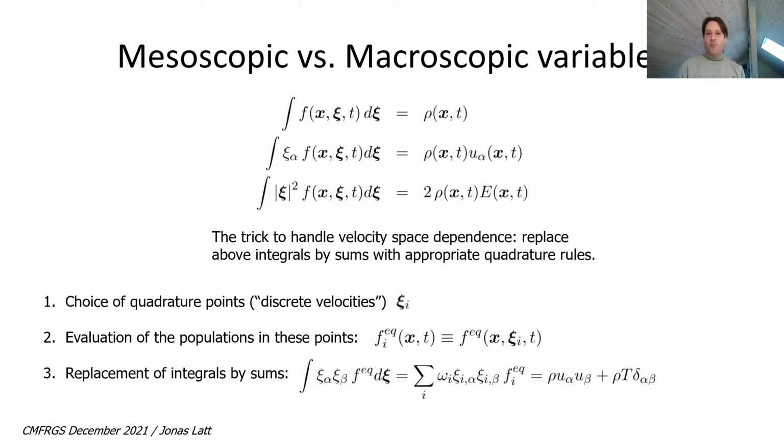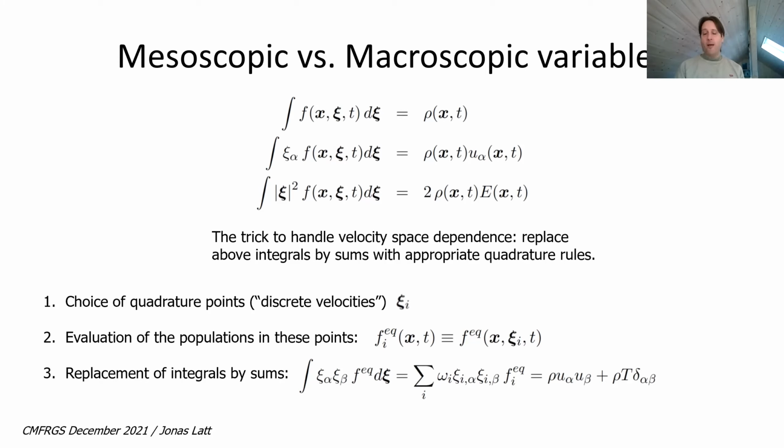And point number 2, the equilibrium distribution, or actually any probability distribution, is replaced at every point in space by a set of distribution functions, one for every discrete velocity. So the velocity dependence of the distribution function is really just replaced by a discrete index over all the quadrature points.